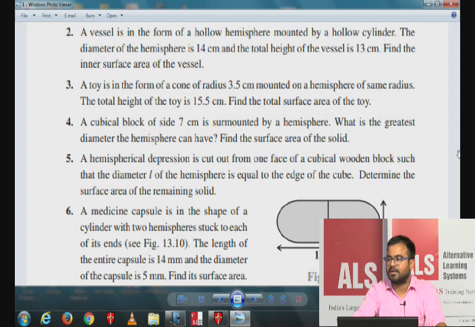Now after this, try question number 3. Those who have completed question 2, try question 3. Shillong, do you remember the formulas? Sonu?